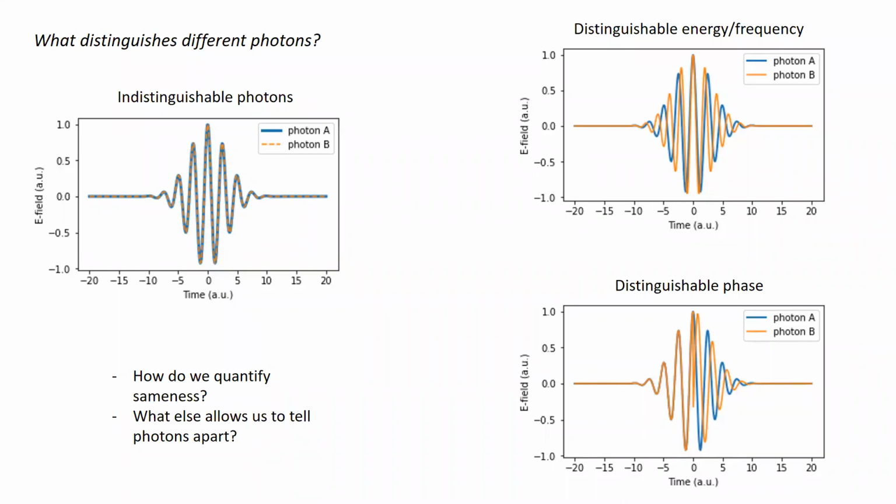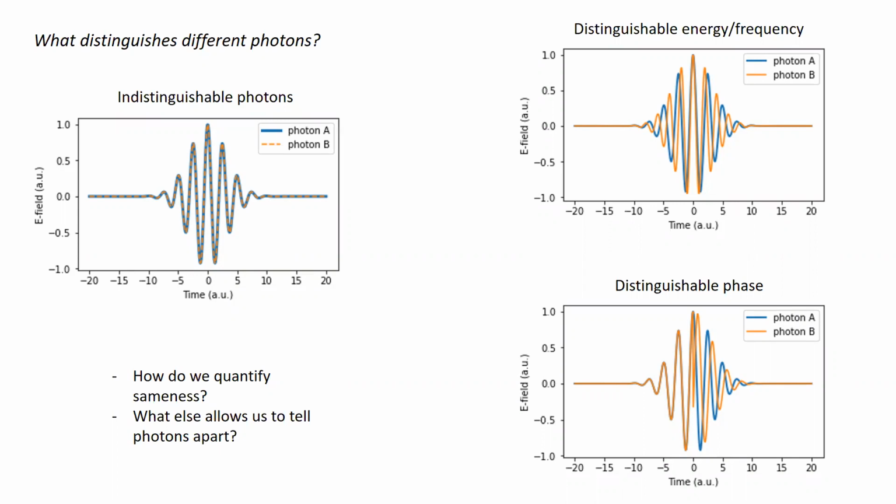My understanding is that you would need some non-zero overlap of the two wave packets when they meet at, let's say, the beam splitter, for there to be a probability of this bunching.